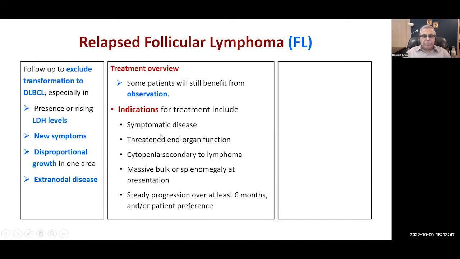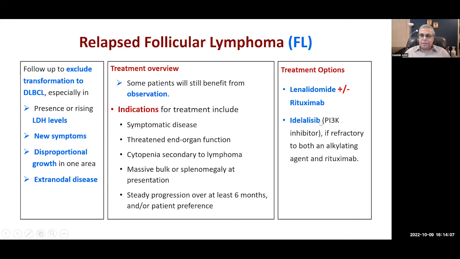Indications for treatment include symptomatic disease, which we have seen over here, threatened end organ function, cytopenia, massive bulk or splenomegaly, steady progression, like we have seen in the previous slide, okay? So the treatment options are lenalidomide plus or minus rituximab, idelalisib, which is a PI3K, phosphoinositide 3-kinase inhibitor, all right?